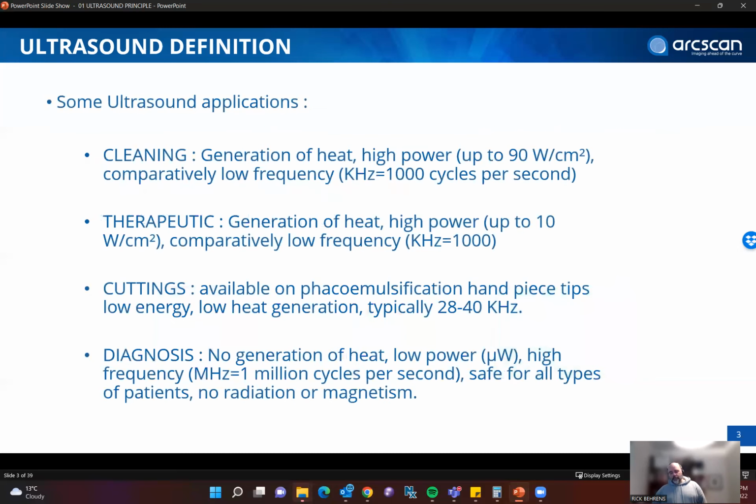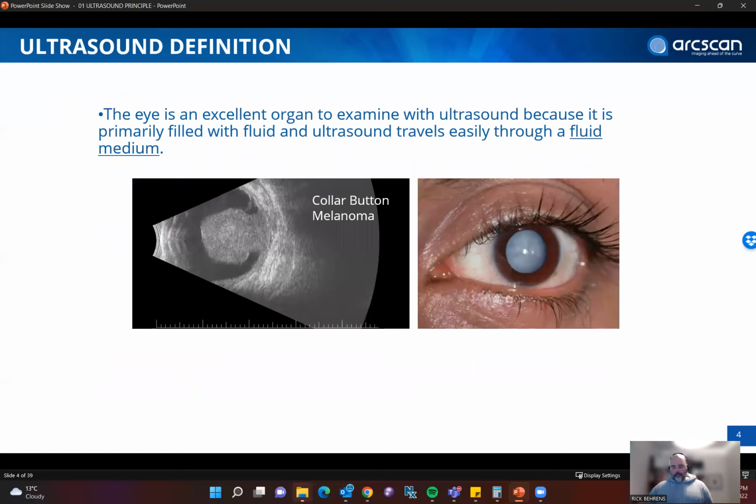Now, ultrasound has different applications: cleaning, like when you go to an optical shop; therapeutics, when you go to a physiotherapist and get deep tissue heat; cutting, where the biggest one for us would be the phaco machine; and diagnosis, the one we use to evaluate the eye when some other methods are not possible.